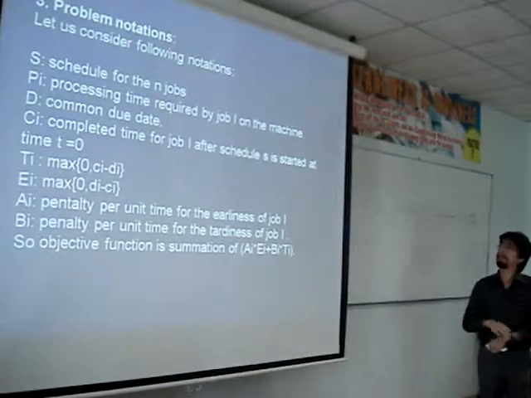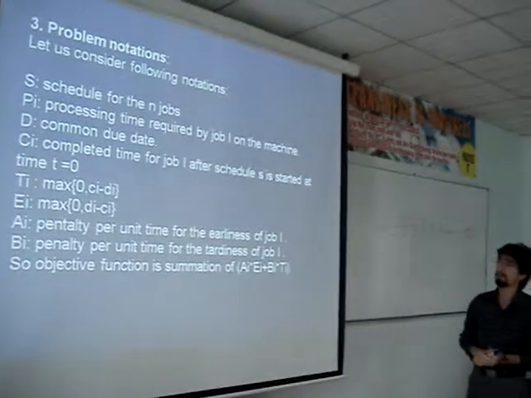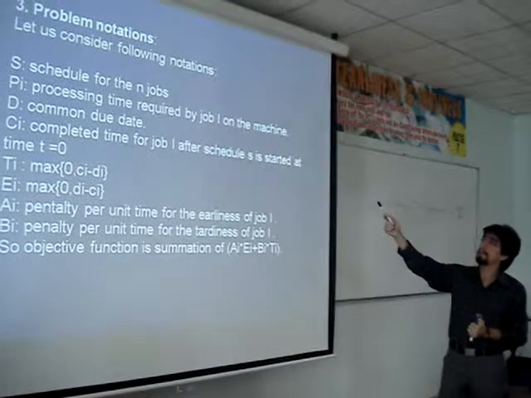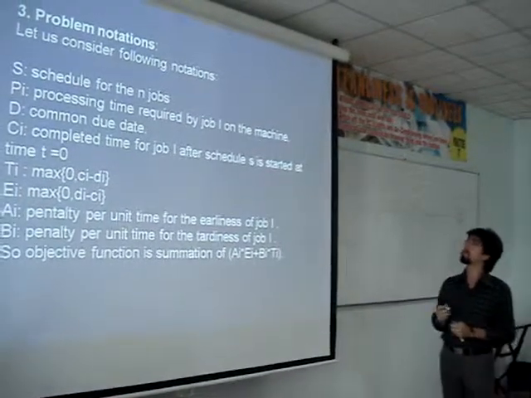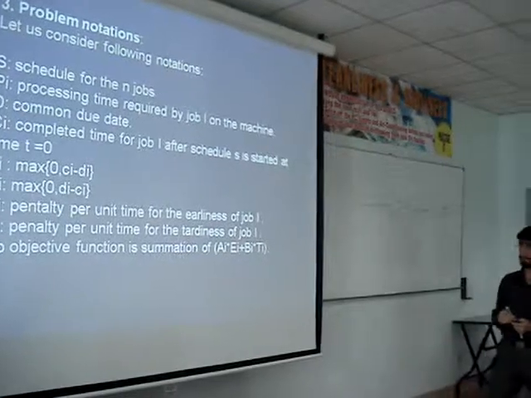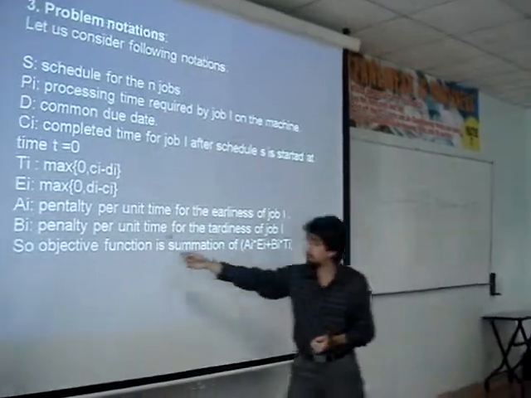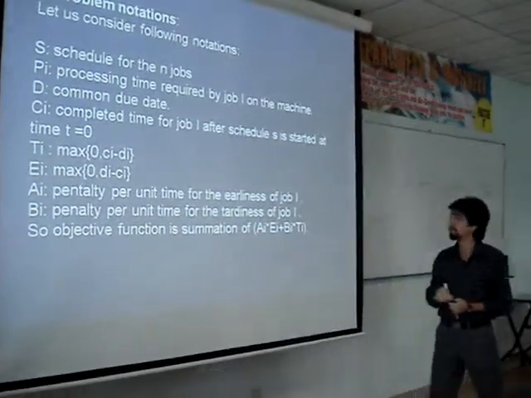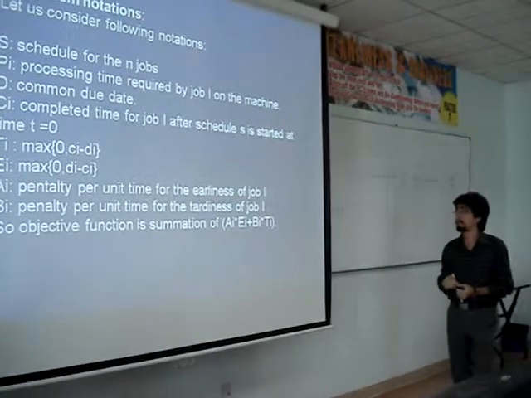Okay, in this slide we introduce some of the notation that we use. For example, S is a schedule for n jobs, Pi is the processing time required by job i on the machine, D is the common due date, and Ai and Bi: Ai is the penalty per unit time for the earliness of job i, and Bi is the penalty per unit time for the tardiness of job i.